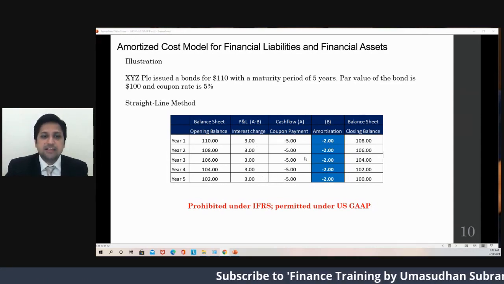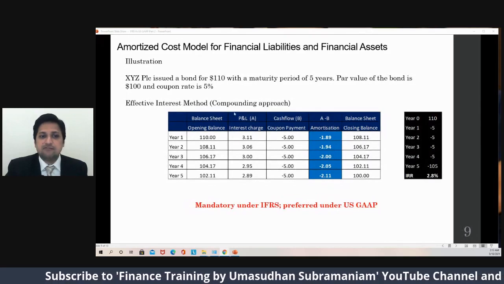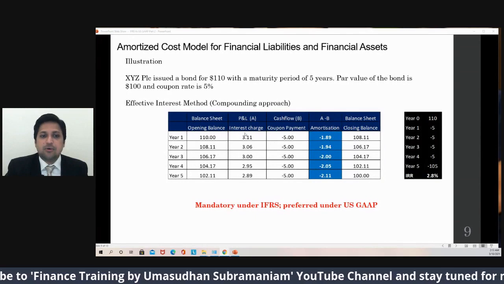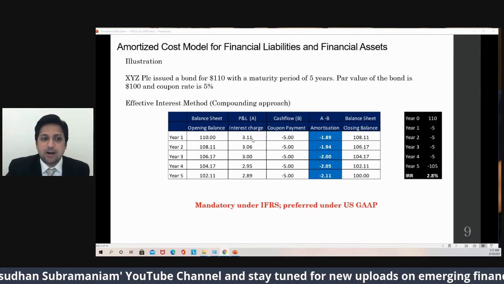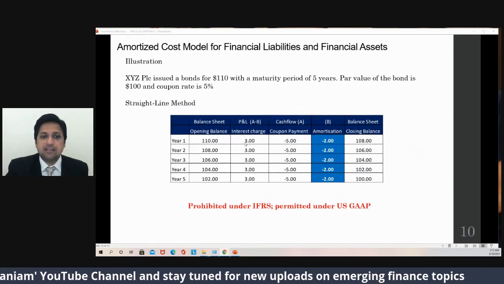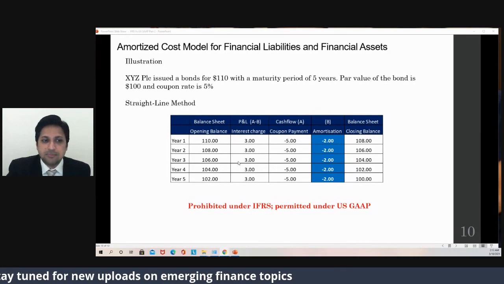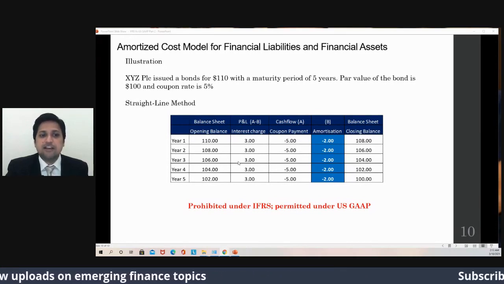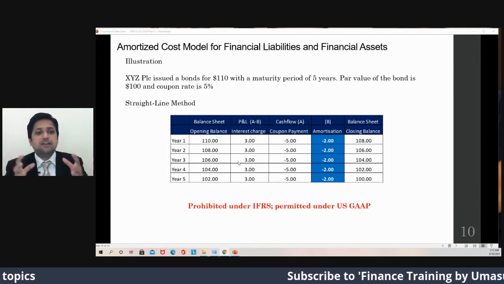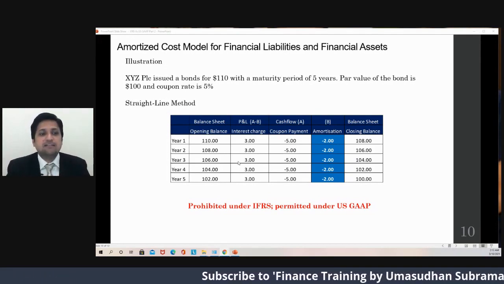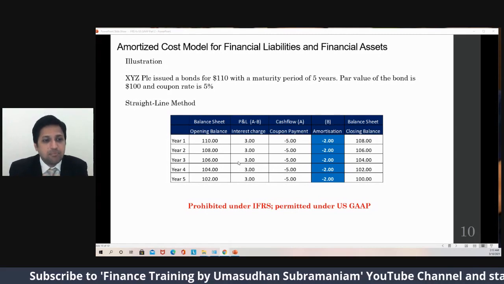The beauty is that under both approaches, if you see the effective interest rate approach, the total interest for 5 years comes to $15, and the same thing is if you look at the interest charge that goes into your income statement in the straight line method, it would also be $15. So the difference is caused by the timing differences due to the effect of compounding.